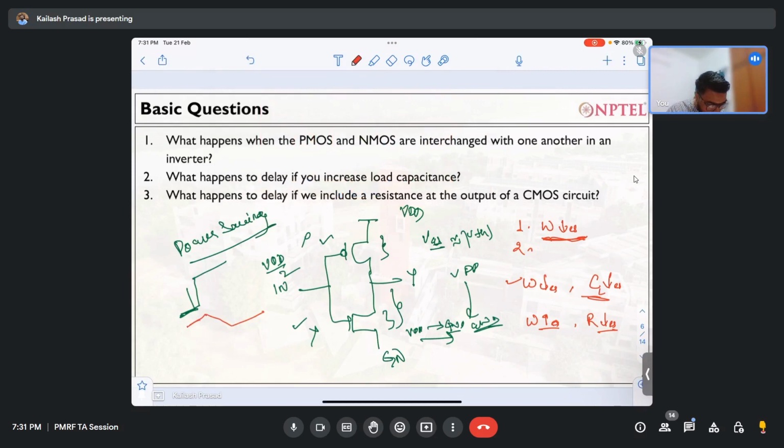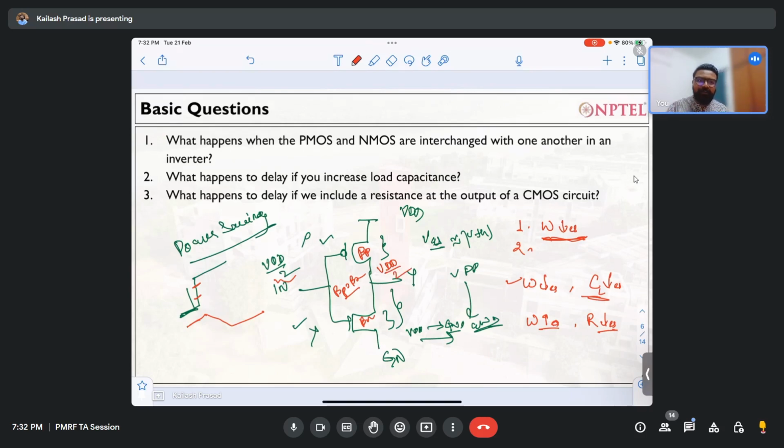In this particular range, the input is near VDD by 2, both PMOSes and NMOSes are on, and at that point the power will be consumed. And what will be the output at that point? If you have taken care of the beta, if beta p is equal to beta n, both the resistances are the same, when the input is VDD by 2, the output will also be VDD by 2.